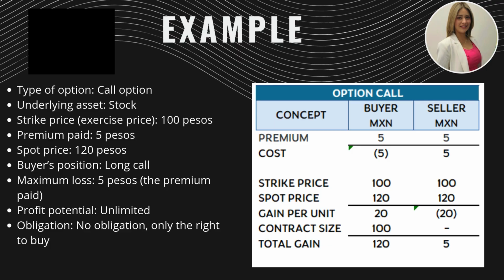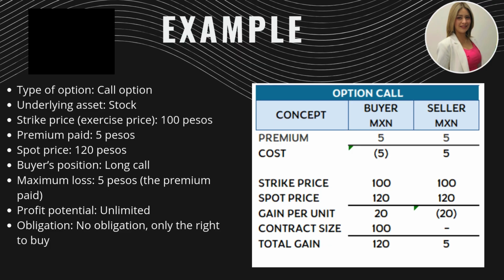The contract size is 100 shares. So the total gain of the buyer is calculated using the contract size. This result is a positive total gain. Will the seller experience the opposite effect? For the seller, the premium of 5 pesos is a gain, but the increase in the stock price generates a loss because they are obligated to sell the stock at 100 pesos while the market price is 120.